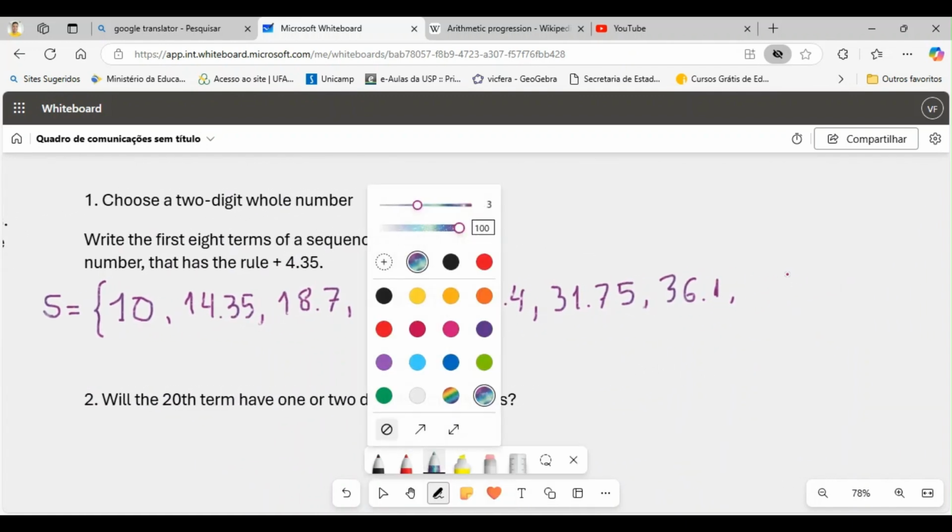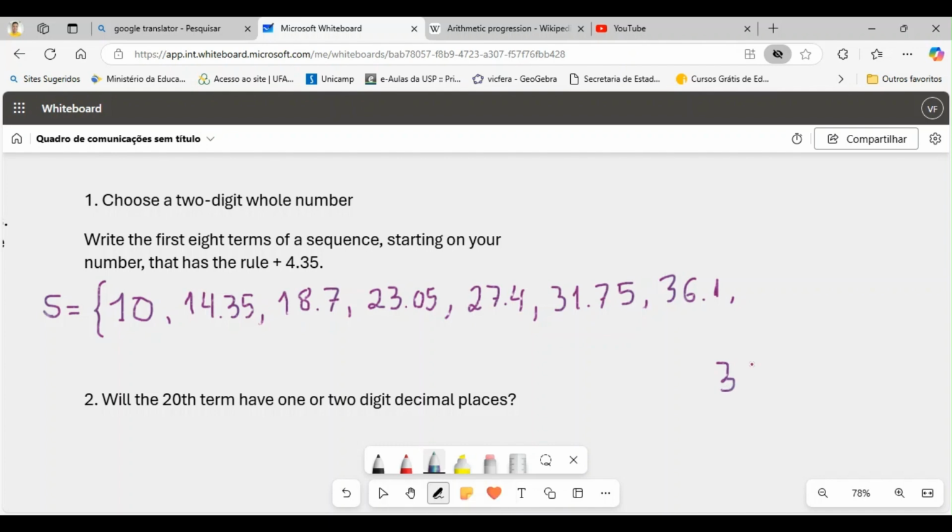Okay, centering the screen. 36.1. I'm going to calculate that real slow. So 36.1, and I'm going to sum 4.35, and that's the way we organize the numbers, guys.